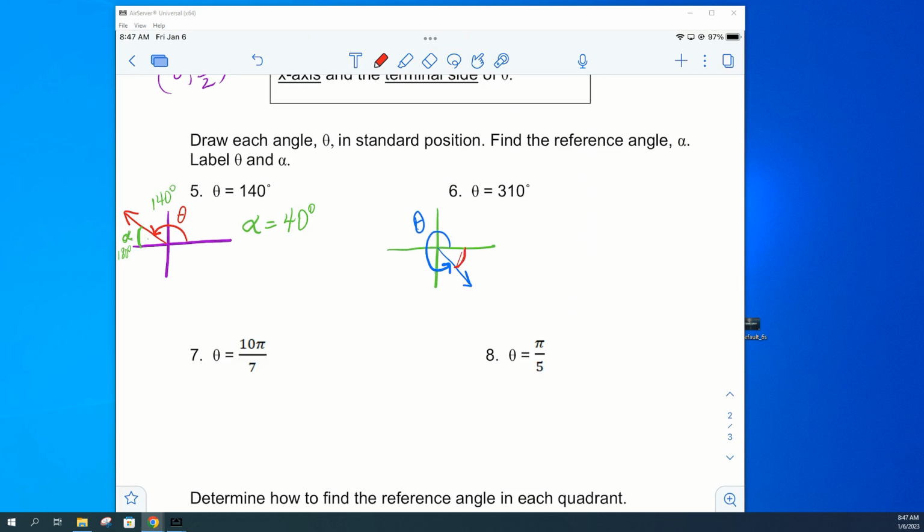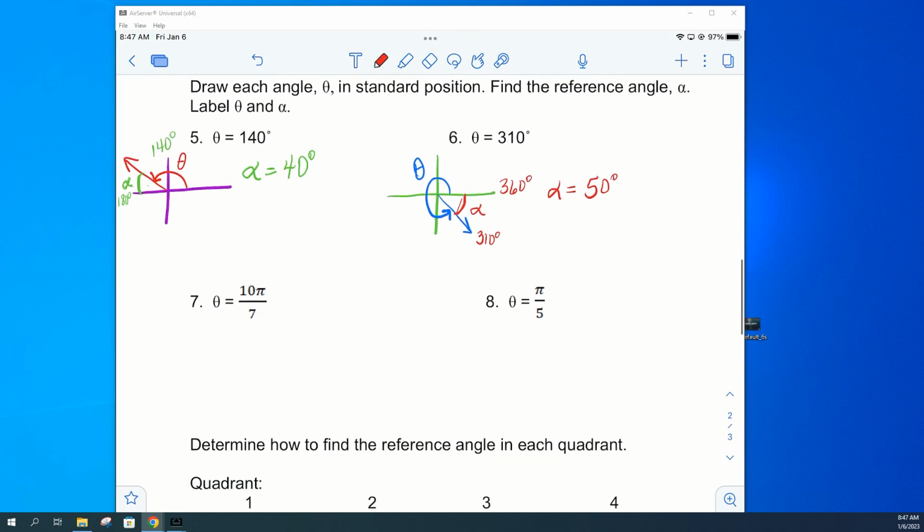It doesn't matter if you're going in a clockwise or counterclockwise way when you're naming the reference angle. So that's why I don't put an arrow on that. You're just doing the amount. So what is that amount of that angle? Well, you know, if this is 310 and this is 360, how much more do I need to make that full circle? Your alpha is going to be 50 degrees. Perfect.